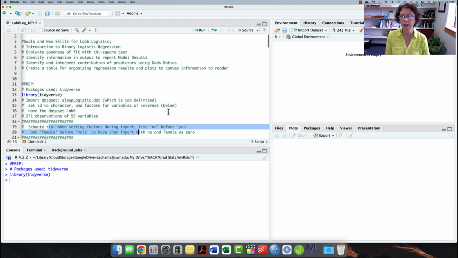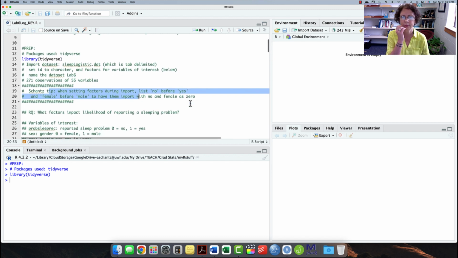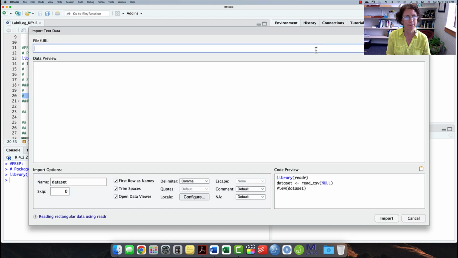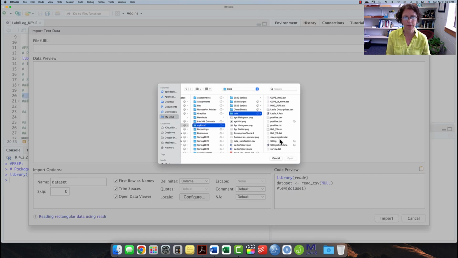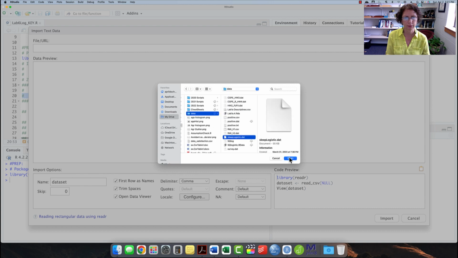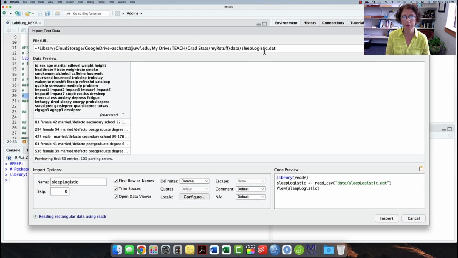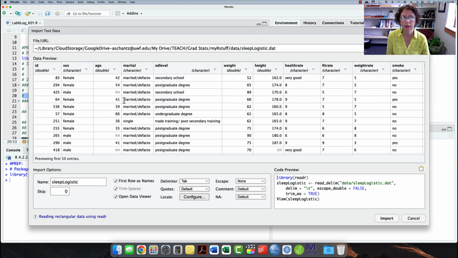So let's first import this data set. I called it sleepLogistic.dat, and it is a tab delimited file, so I need to adjust that and let it have time to do the updates every time you make a change.